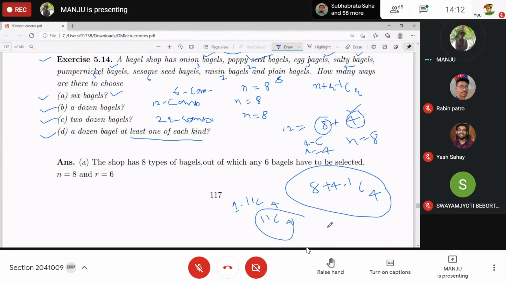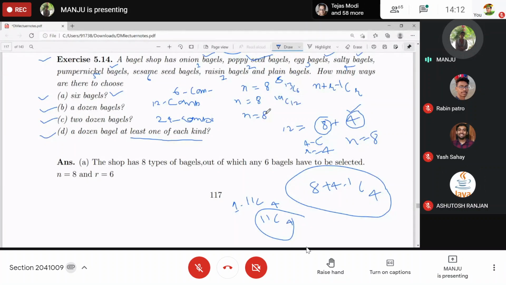Okay. So tell me all the answers. For this one it is 8 plus 6 minus 1, that is 13, 13C6, right? Here you have 8 plus 12 minus 1, 19, 19C12.